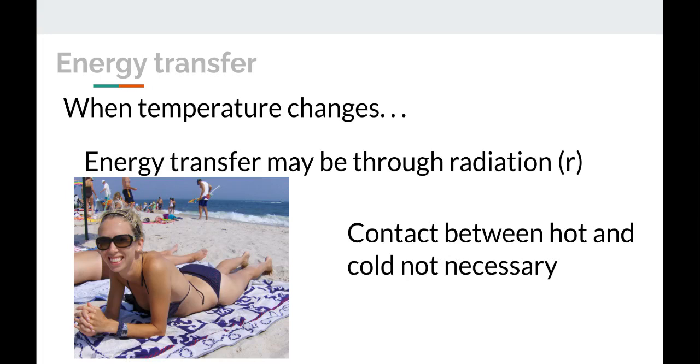So, for example, the sun is in no way in contact with someone laying on the beach, but they still warm up because of the energy transferred from the sun. So that is radiation, that's electromagnetic radiation that's being moved through space, and you don't have to have any contact for that to occur. Heating is far more common in general chemistry, and for all practical purposes, we can treat radiation and heating as if they are the same kind of energy transfer.